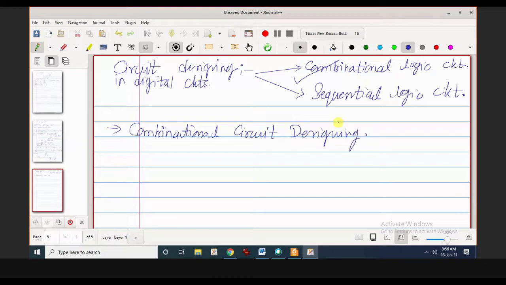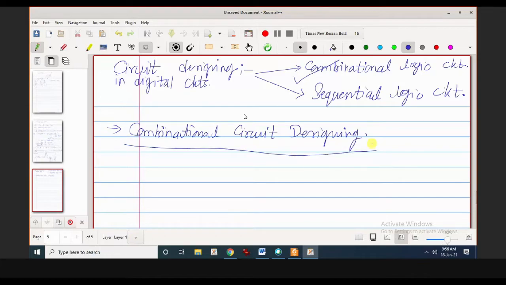Now we have jumped to a very big tree under which there are many circuits available, and we will change our bigger heading only when we jump to sequential logic circuit design. Whatever we do until sequential logic circuit starts falls under the very big umbrella called combinational circuit design.